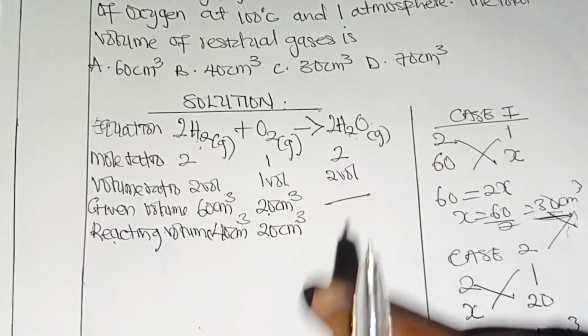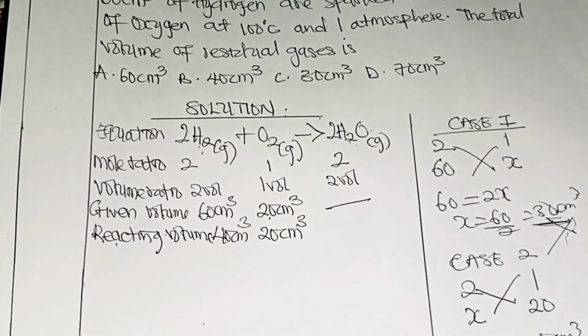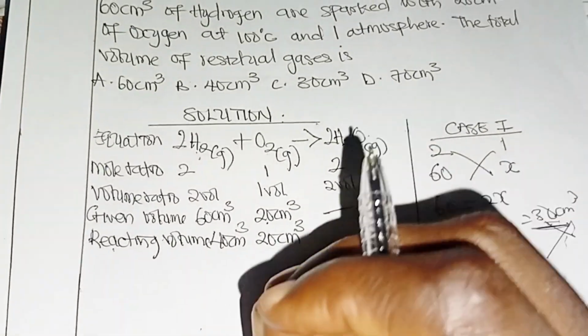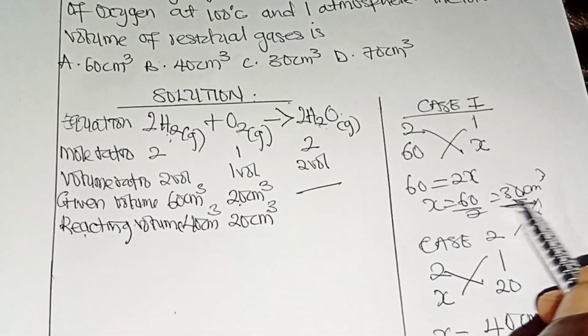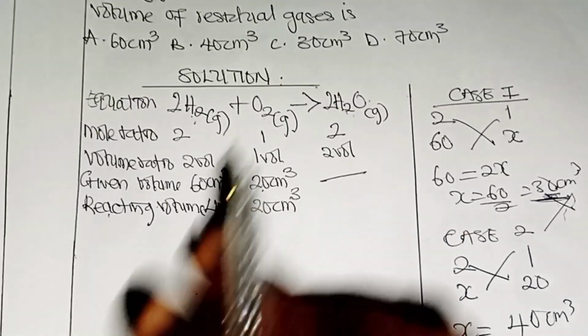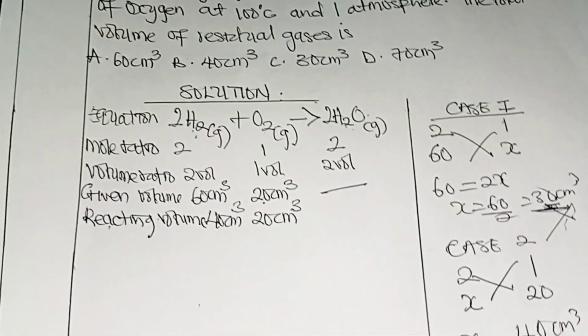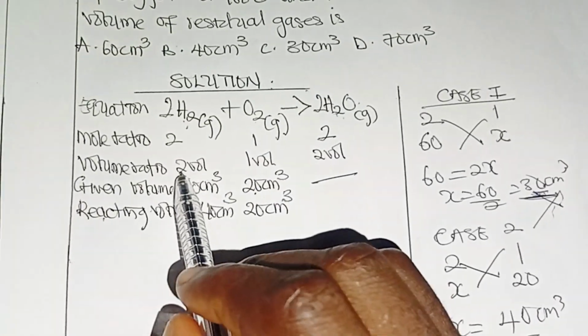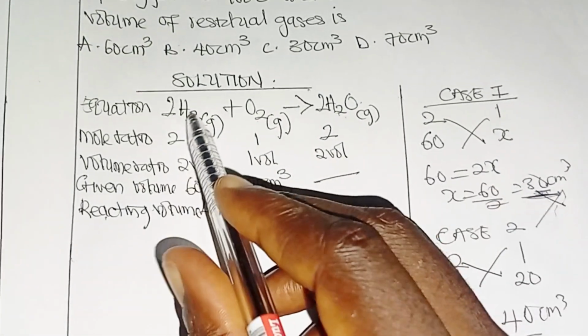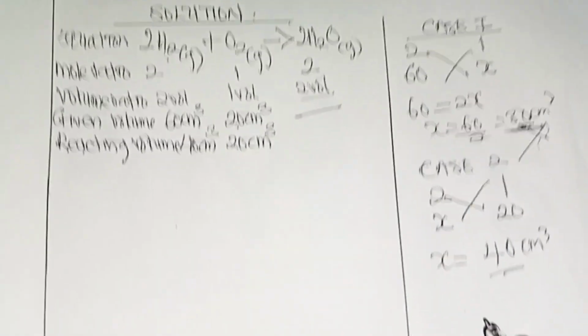Now, how do we get the volume of the product? Very simple. Which of the reacting volume of the reactants did we solve for? We solved for hydrogen, right? Remember, we're not making use of the one we solved for oxygen, and I told you the reason. We solved for hydrogen. So we compare the volume ratio from the equation. 2 of hydrogen will give us 2 of water, right?